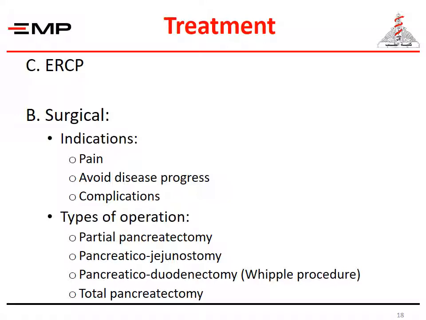A pseudocyst over 5 cm can be anastomosed to the stomach or jejunum. Pancreatic fistula usually needs partial pancreatectomy with or without pancreatic jejunostomy. A Whipple operation is done for pancreatic head focal lesion when a tumor could not be ruled out.